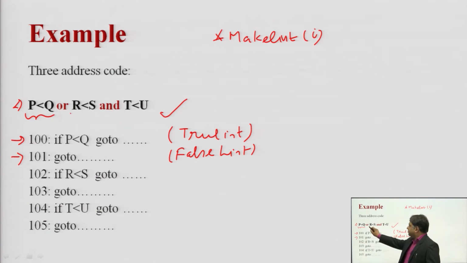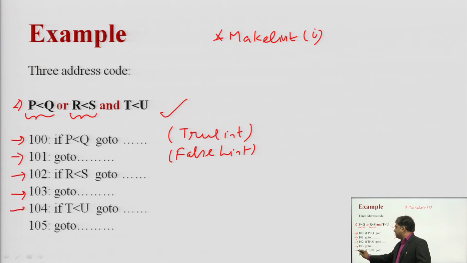Similarly for R is less than S, there is a true list and a false list. True list and false list mean: if we reach this statement, the result will be true; if we reach this statement, the result will be false.